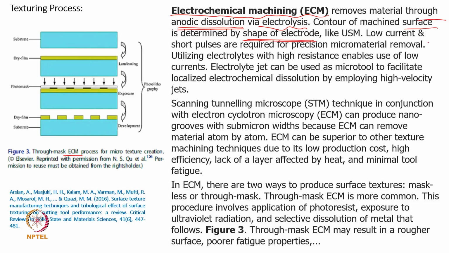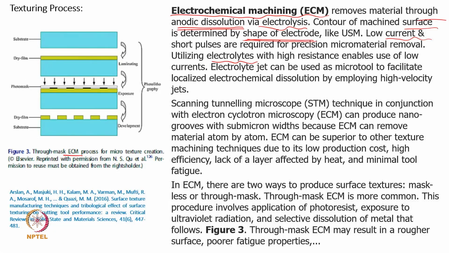If we use an electrolyte which has a very high resistance, then because we are required to give energy to remove the material, with resistance on the high side and the power being I squared R, we can give a smaller current and we can get a better surface also.